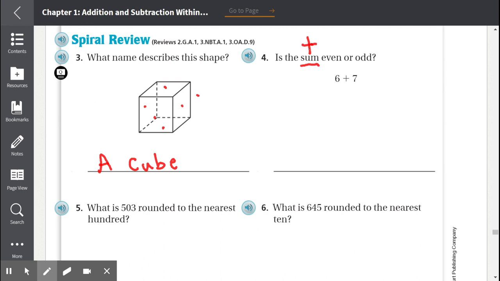So now when we add 6 plus 7, we have to get the sum first because they're asking us about the sum, the answer to the addition problem. So 6 plus 7 equals 13. Now, is 13 odd or even? We look at the last number. The number at the end is a 3. We know it's going to be odd because it ends in 3. Numbers that end in 1, 3, 5, 7, 9 are odd.